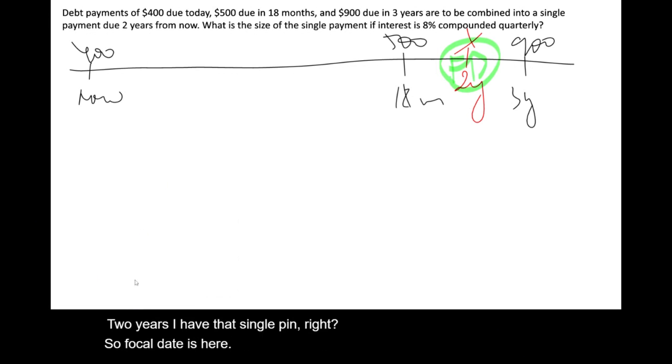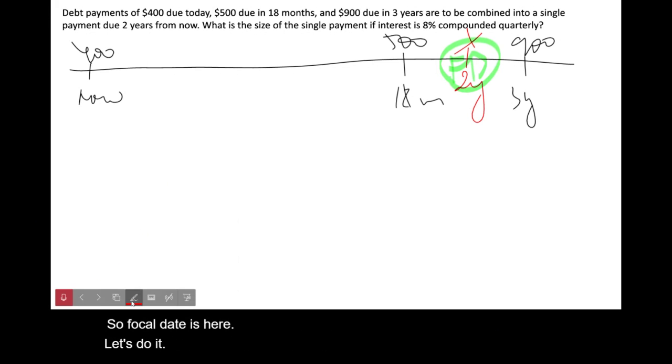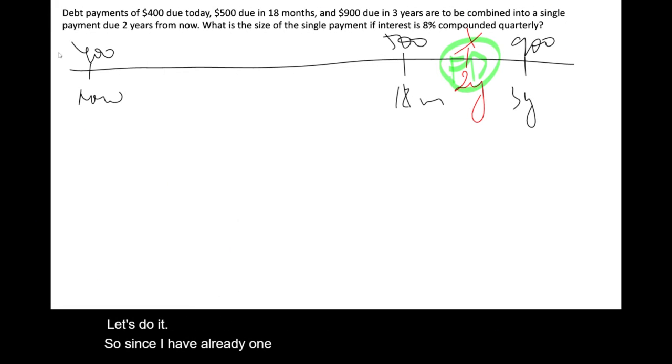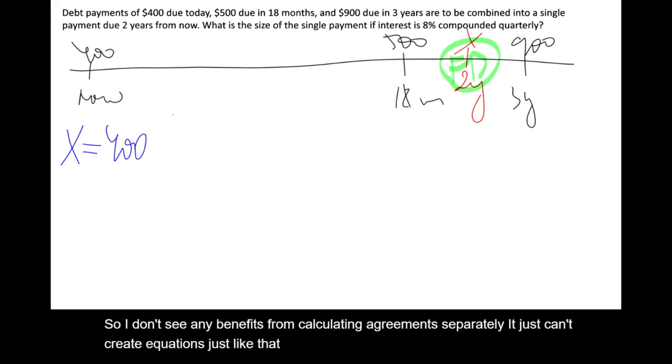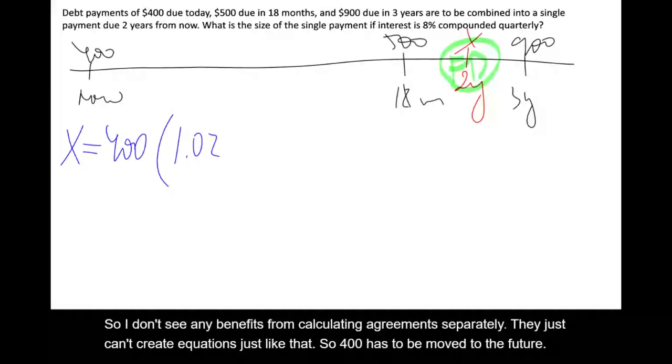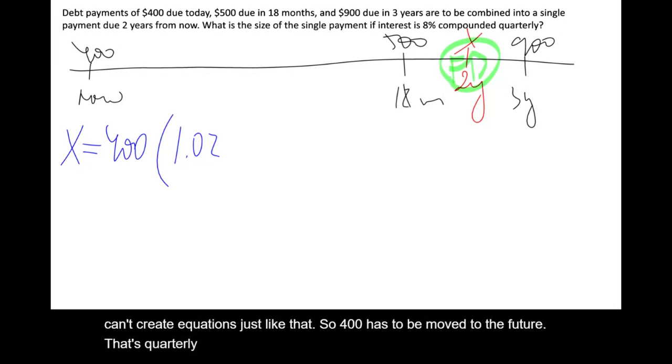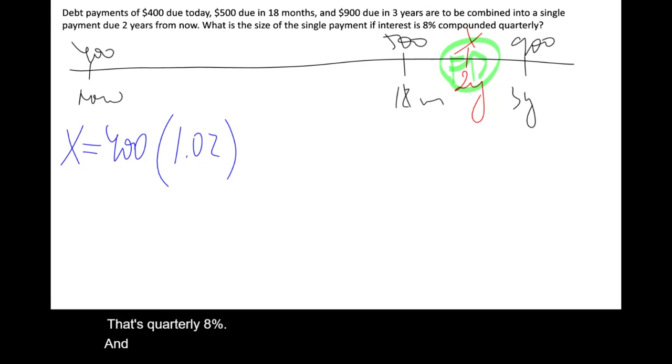Let's do it. Since I already have one payment, the focal date, and it's a known payment I'm looking for, I don't see any benefits from calculating agreements separately. I can just create the equation like that. So 4,400 has to be moved to the future. That's quarterly 8%. And I have 2 years quarterly, it's 8, right?